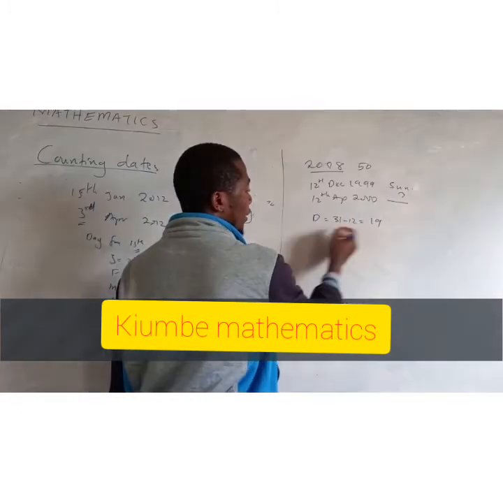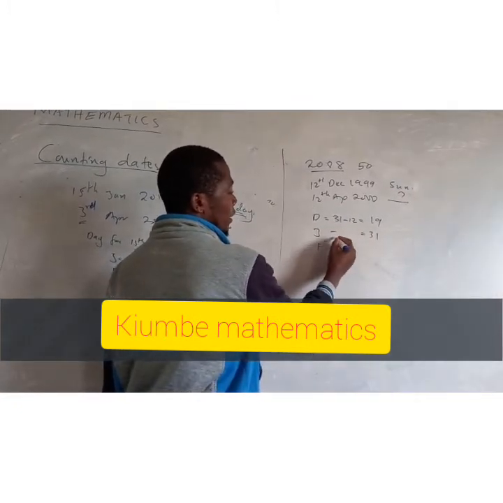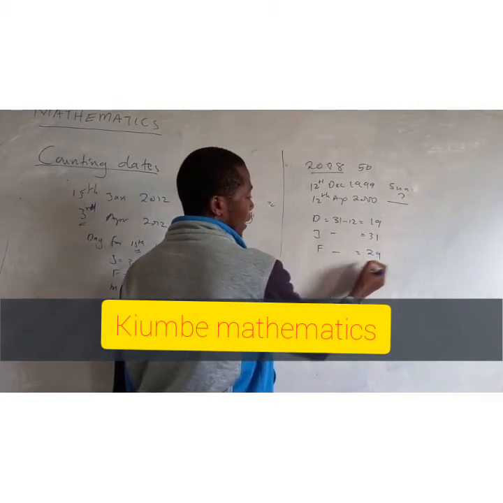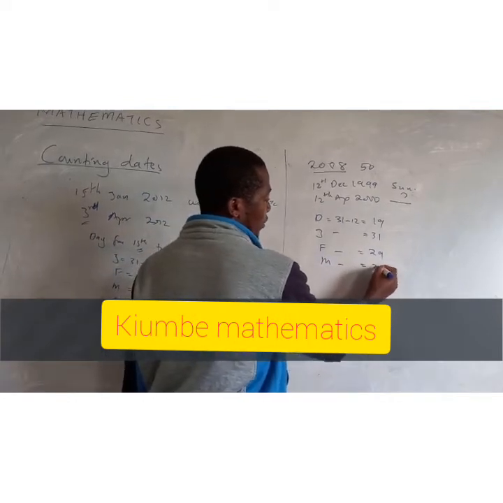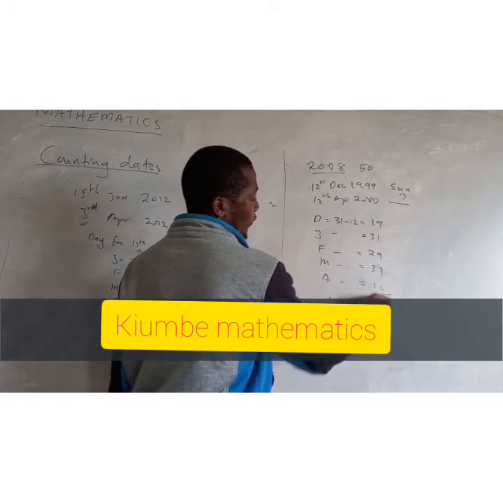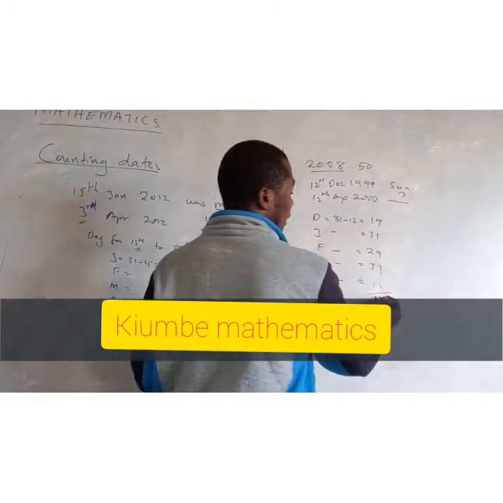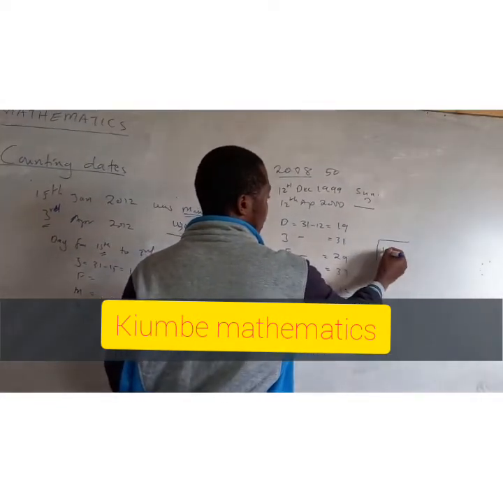Then January, we know it shall be 31. February shall be, since it's a leap year, 29. Then March shall be 31. And then April, it shall be 12 days. Then we find the sum of that, which is 122. Then we divide by 7.